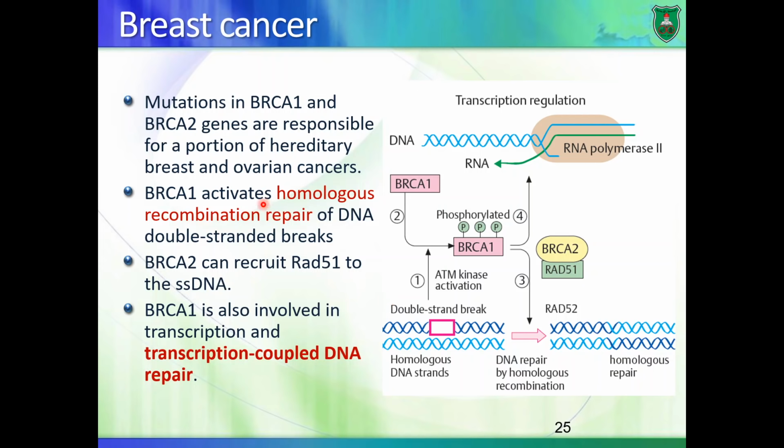BRCA1 activates homologous recombinational repair whenever you have double-strand DNA breaks. BRCA2 is involved in recruiting RAD51 to the site of DNA break. So you have, again, a complex of proteins working together to fix DNA.